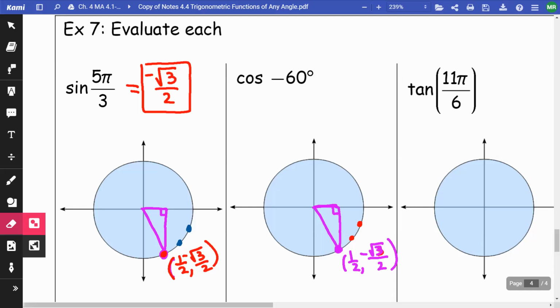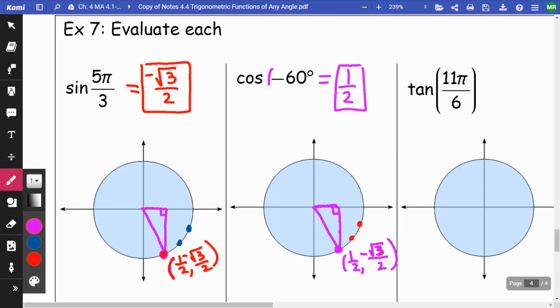So since the point is 1/2 comma negative root 3 halves, your cosine is equal to your x. So the cosine of negative 60 degrees, and really this should be in parentheses so you don't think it's a minus, is 1/2.